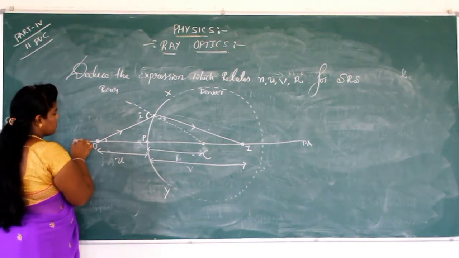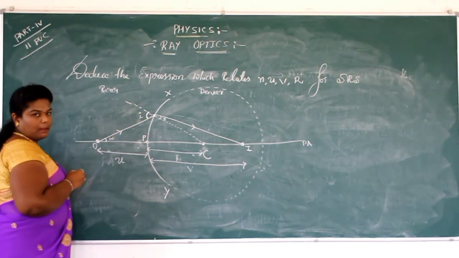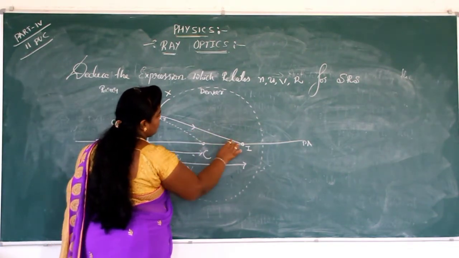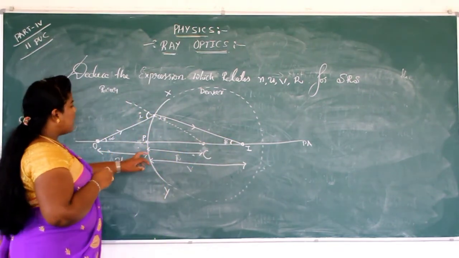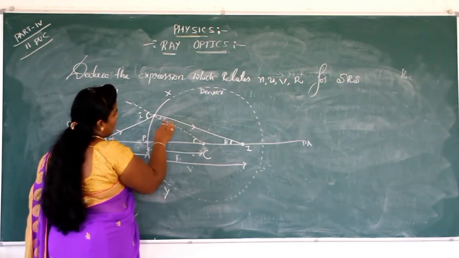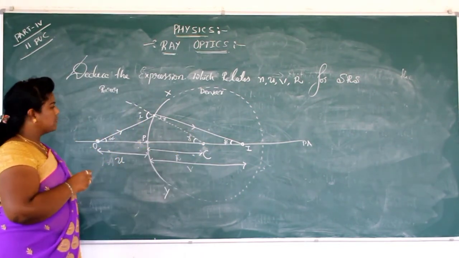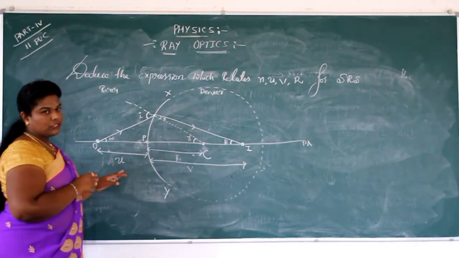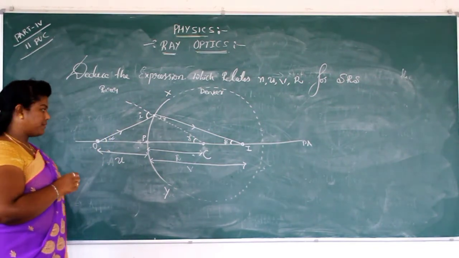The angle between the principal axis and the incident ray is alpha, the angle between the refracted ray and the principal axis is beta, and the angle between the principal axis and this normal is gamma. This is the diagram showing how refraction takes place at a convex refracting surface.